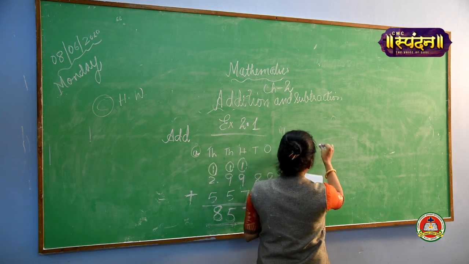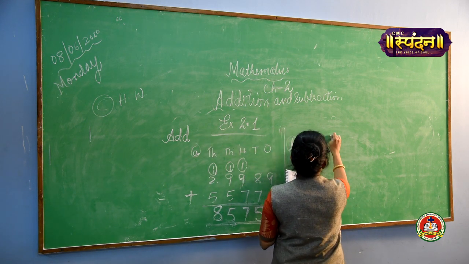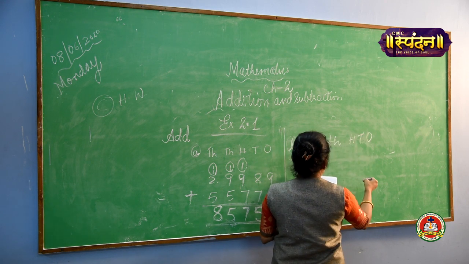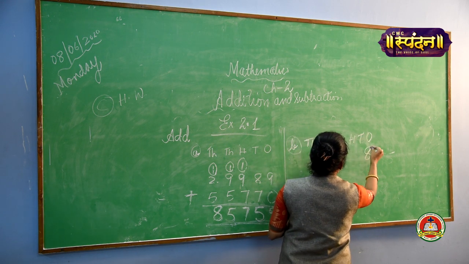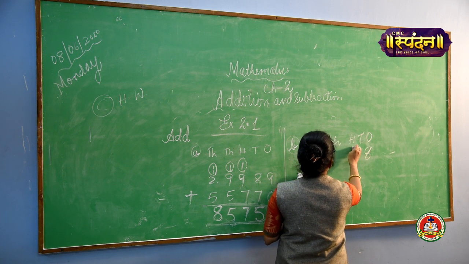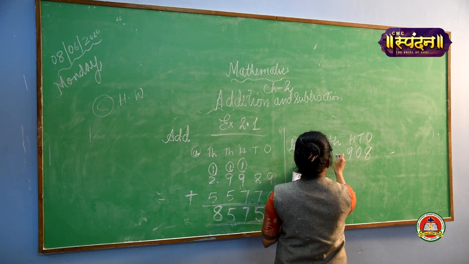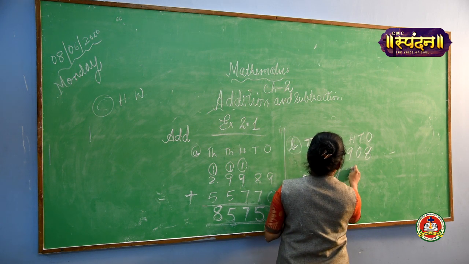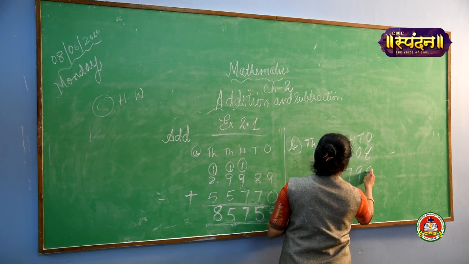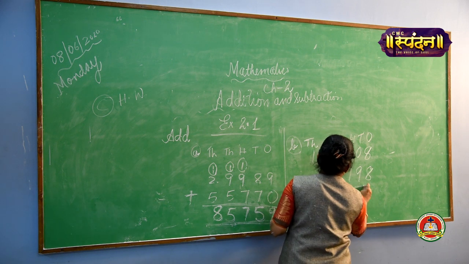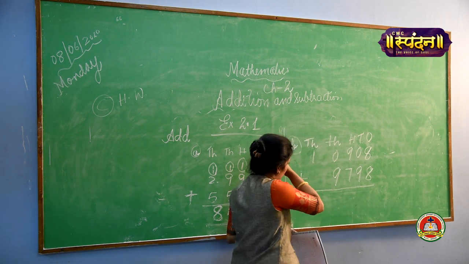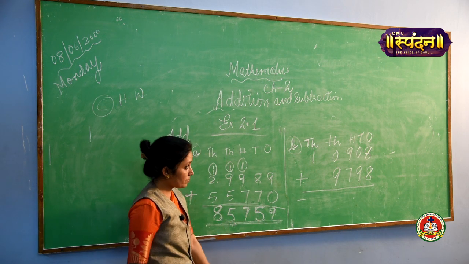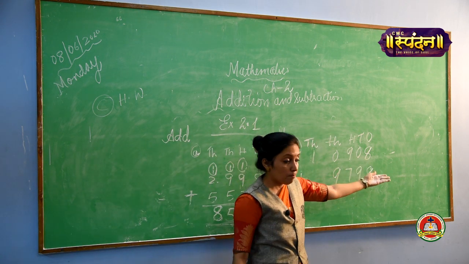B1. I'll write it down: 10,000, 1000, 100, tens, ones. 8 here, 0 here, 9 here, 0 again, 1 again, 9, 7, 9, 8. This is your second one. Hope this is clear. Let's go on with the B question.